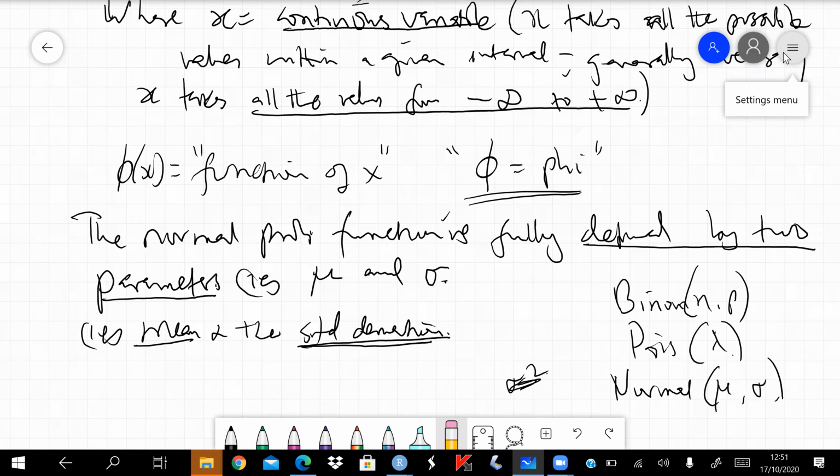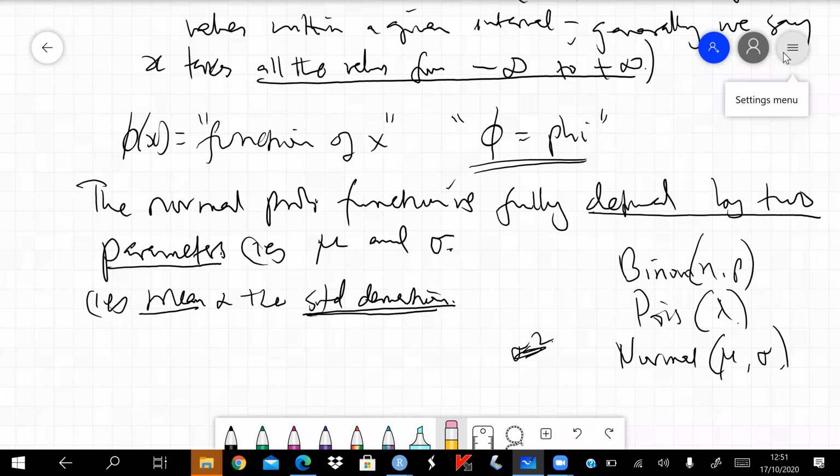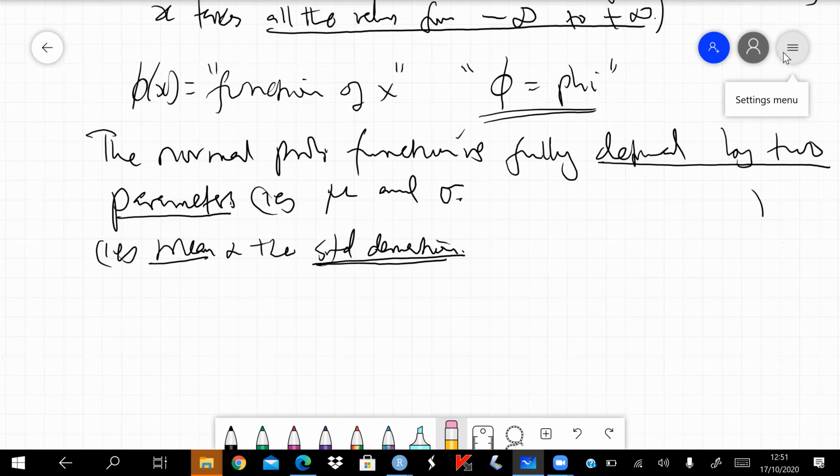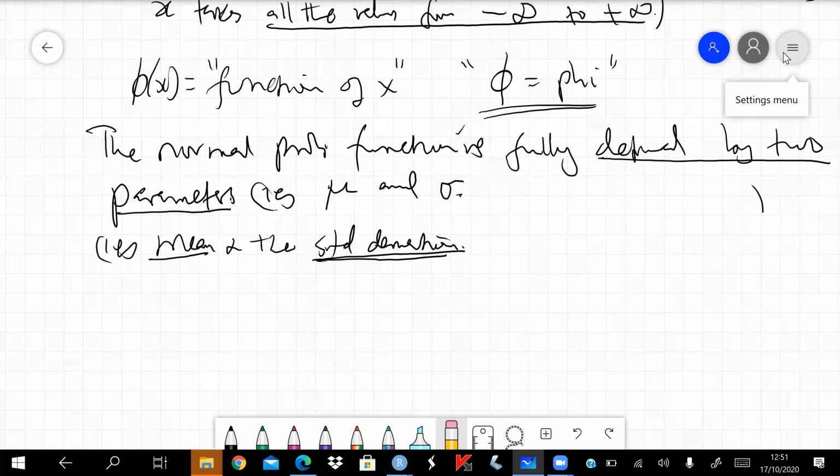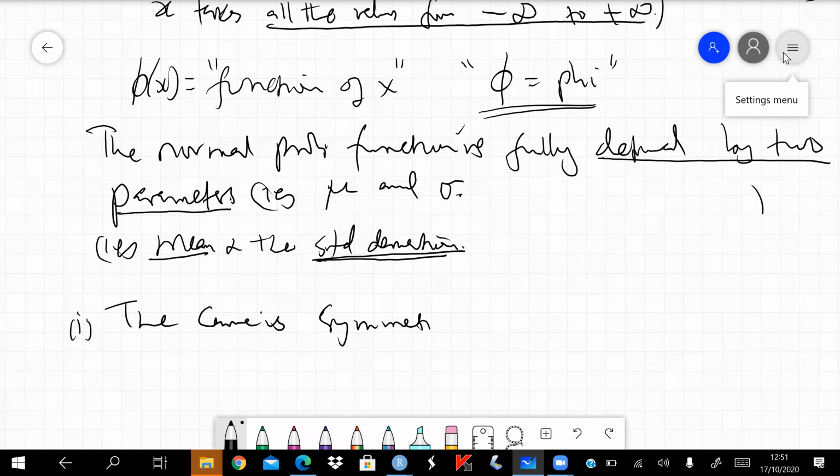So these are now the properties of the normal distribution. Some of them you just see with your eyes. Number one is that the curve is symmetrical, unimodal, and bell-shaped.